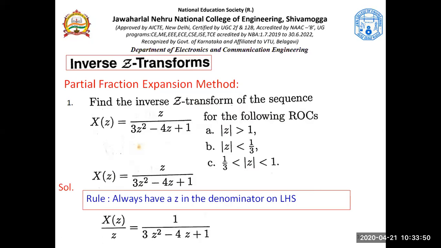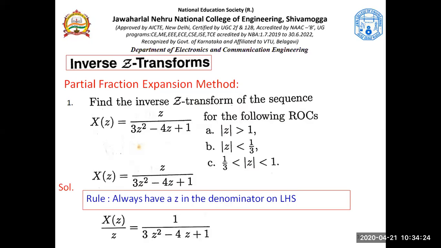Fine. Now what we do is this. We need to factorize this. With calculators, you need to be able to obtain the roots of the quadratic equation. This is a quadratic equation. You need to obtain the roots. You know how to obtain the roots, right? You can do it manually or using your calculator. If you have calculators with you, you can try that, or after my presentation, you can look into the calculators.